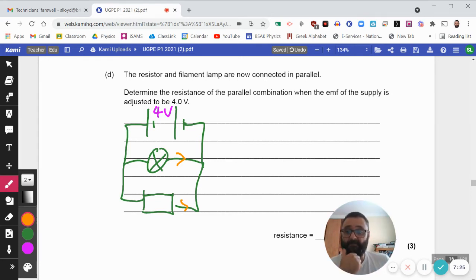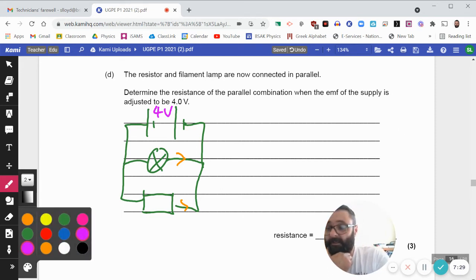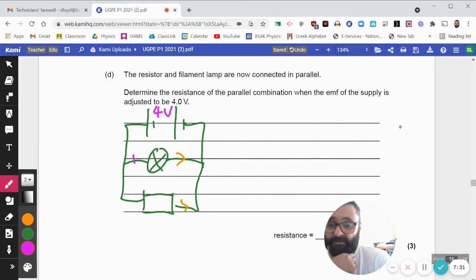Well, if we have the two components in parallel, we're going to have the same voltage. Okay? So you can see this whole question is just applying the circuit laws for series and parallel that you learned at GCSE, but applying them to a slightly unfamiliar situation. So that's 4 volts.